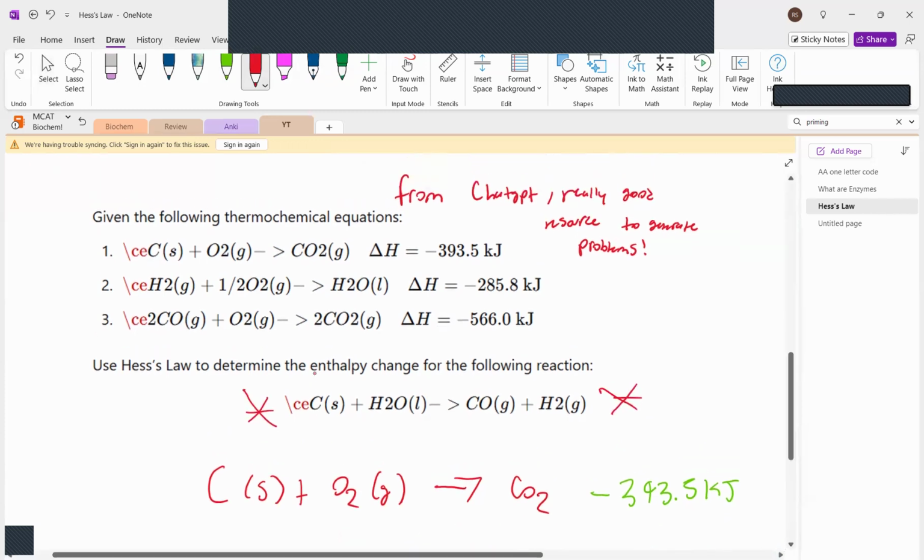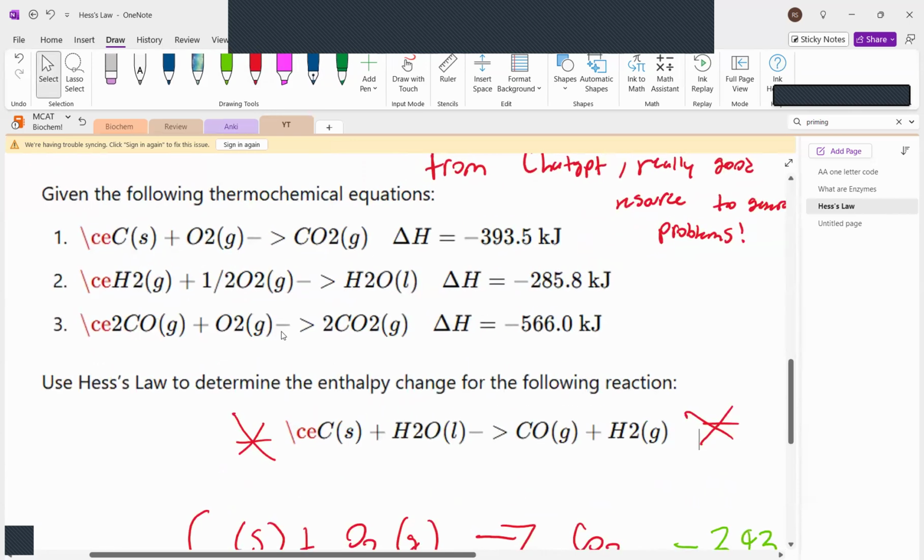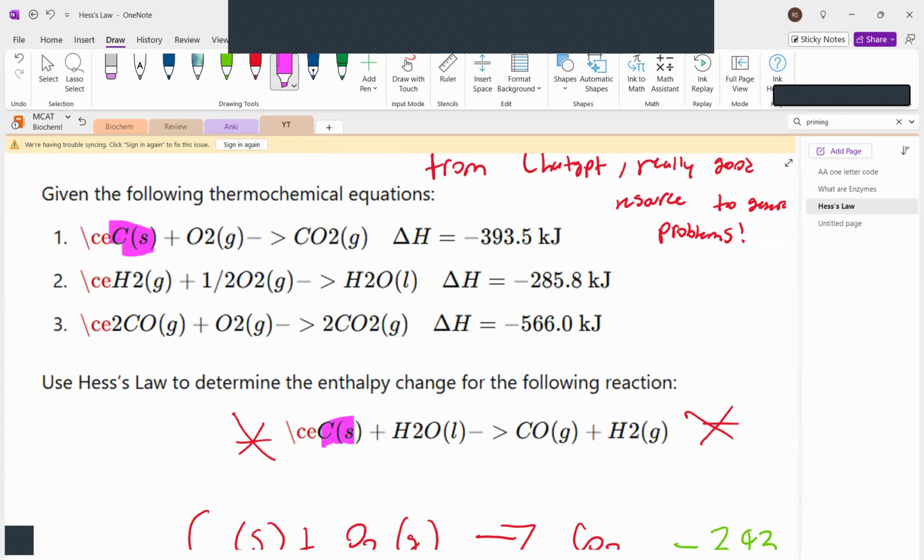What you want to do right off the bat is see where everything is in the equation. You see carbon is on the reactants. None of the other ones are in the final equation, like the oxygens and CO2. That's not in the final equation, so you know that this is going to have to cancel out eventually.